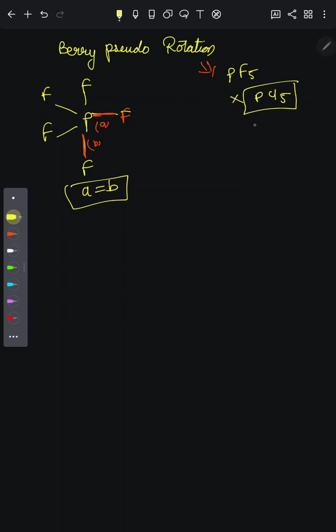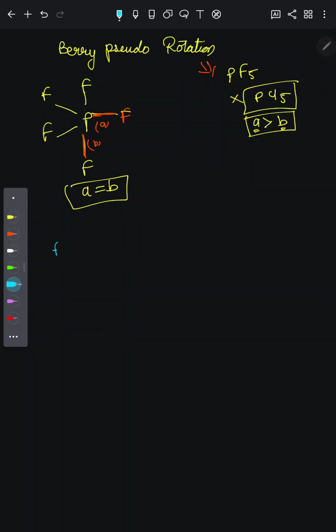Why? Because the electronegativity of A is not equal to B. So the bond angle present between P and Cl in axial and equatorial positions are not equal. A will be greater and B will be smaller. The reason is simple.